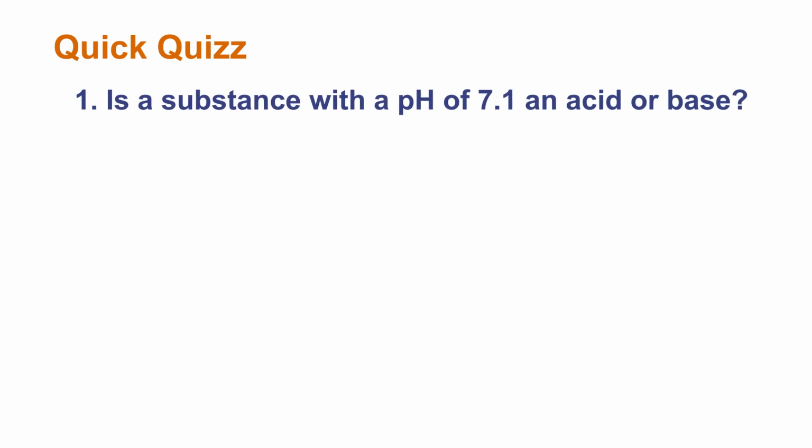Let's do a quick quiz. I'm going to ask you 2 quick questions. You may pause before I provide the answer for each question so that you can test your own understanding. Number 1. Is a substance with a pH of 7.1 an acid or base?